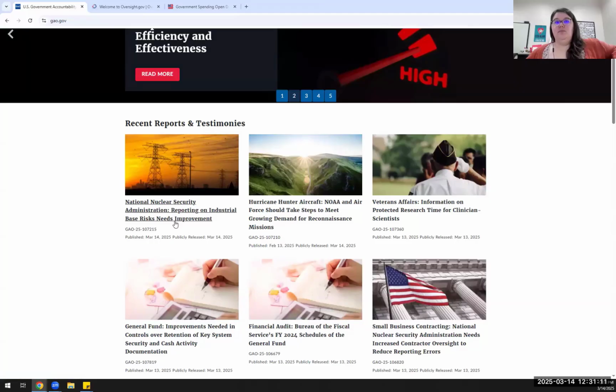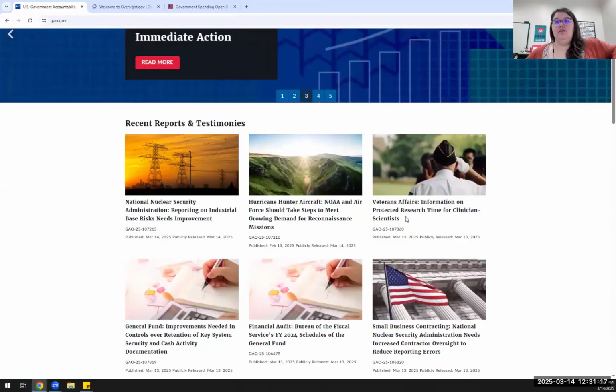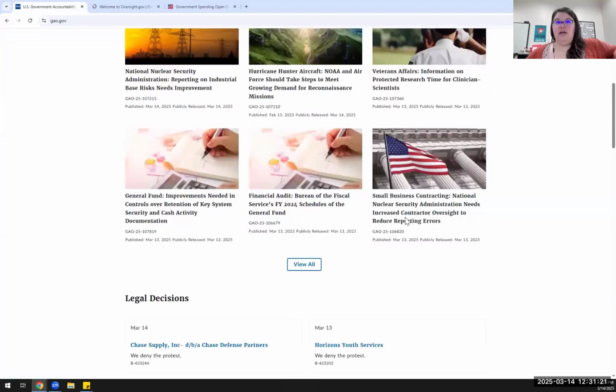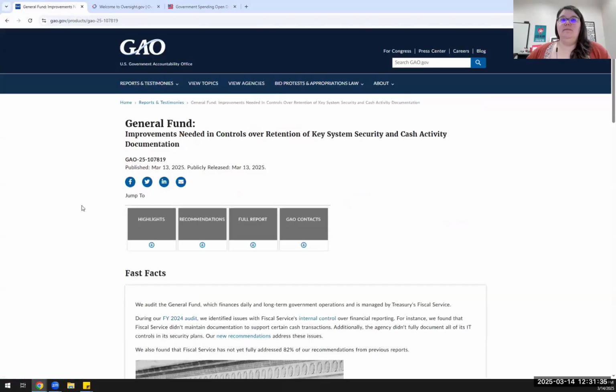So reporting on industrial base needs risk improvement for the National Nuclear Security Administration. They are pulling together these kinds of reports that you can actually see and view and download, right? So for example, the improvements needed to control over retention of key security and cash activity, right?